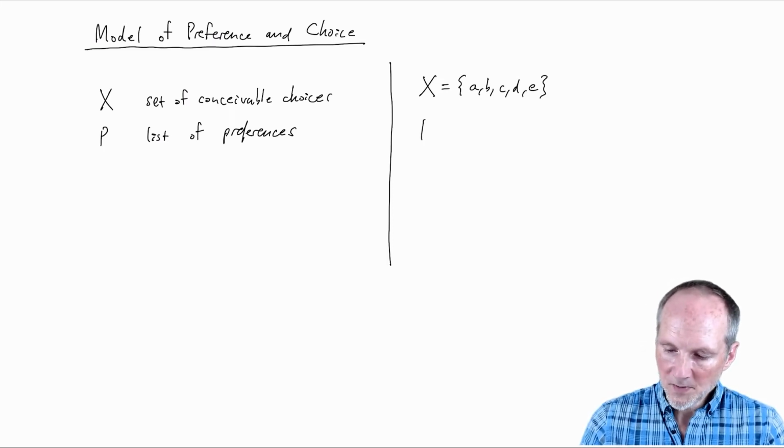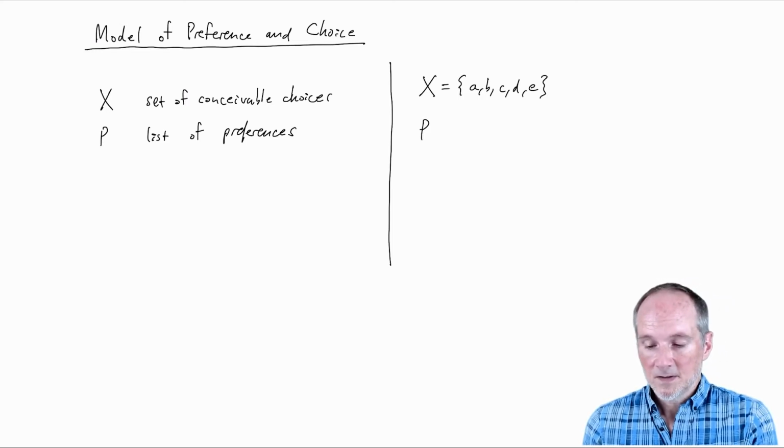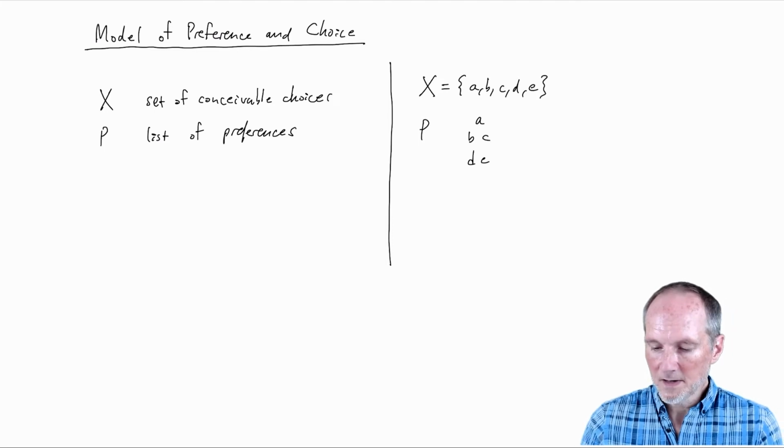In this example, the decision maker's preferences, well, the easiest way to represent those was just by ranking A at the top, and then B and C, and then D and E tied at the bottom.